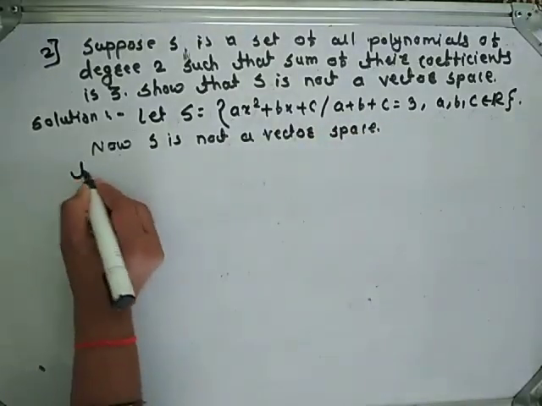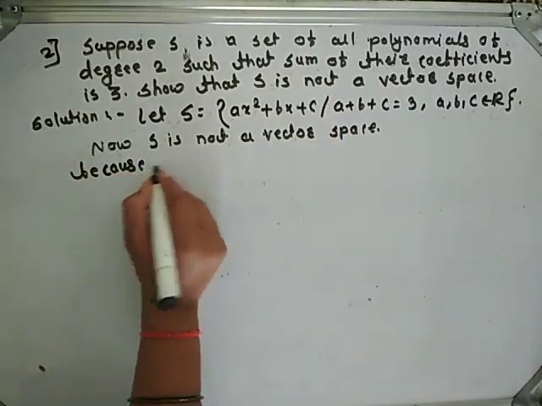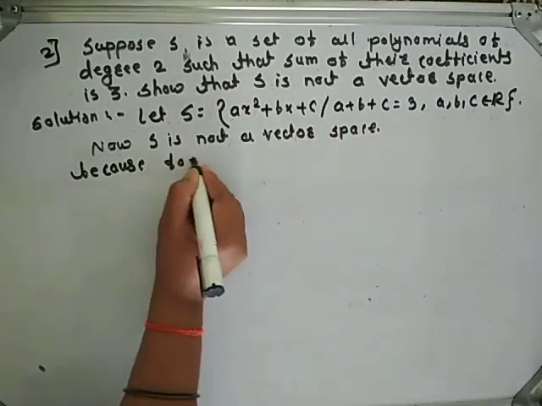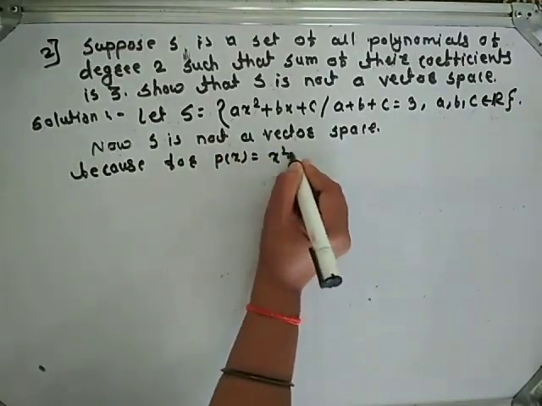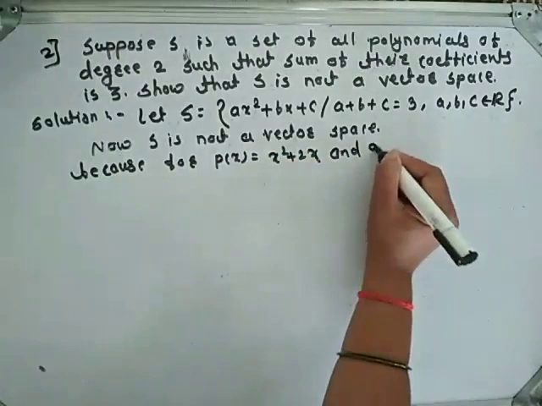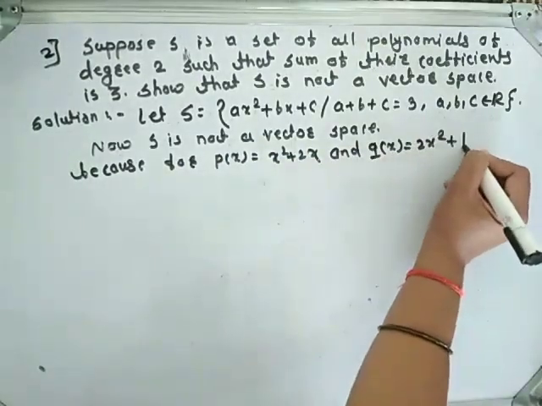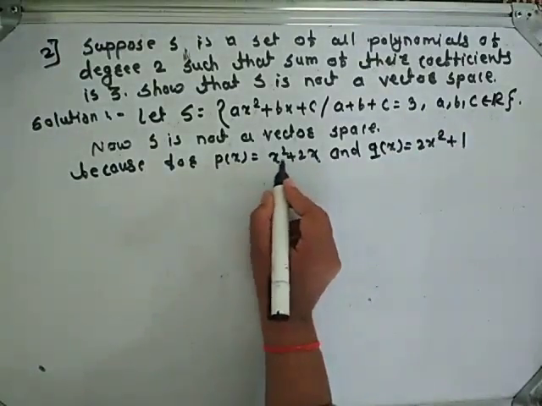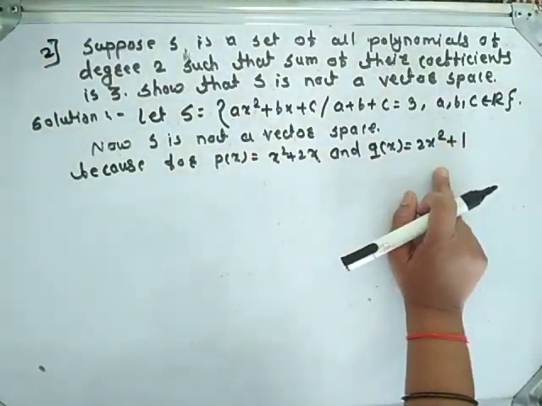Because, take one particular case. For p(x) equal to x square plus 2x, and if we take q(x) equal to 2x square plus 1. See here, this is a polynomial of degree 2, also this is a polynomial of degree 2.